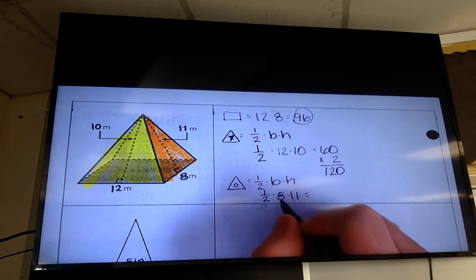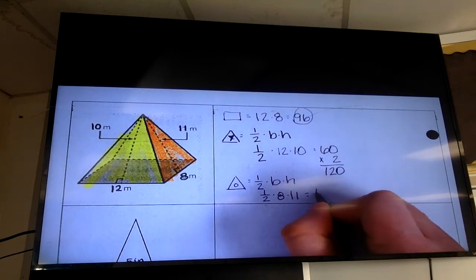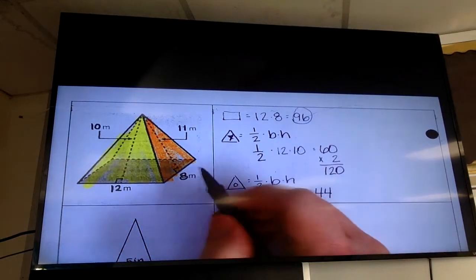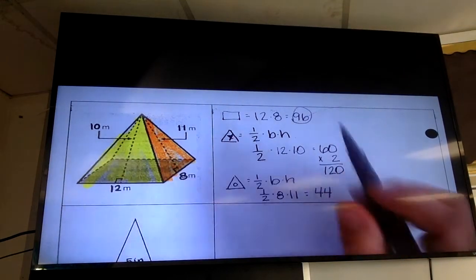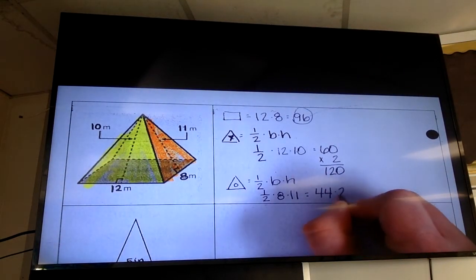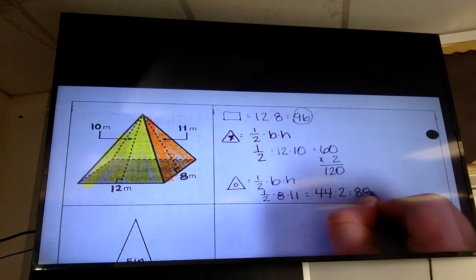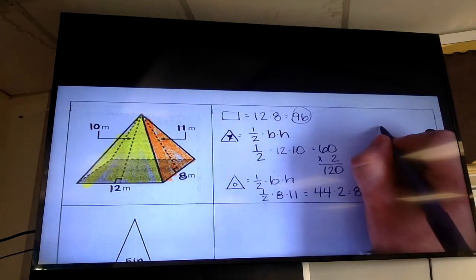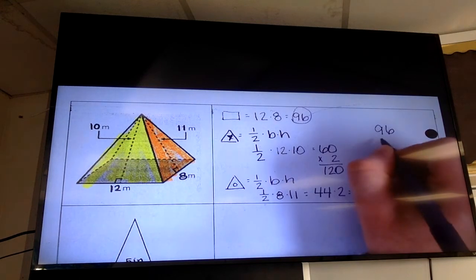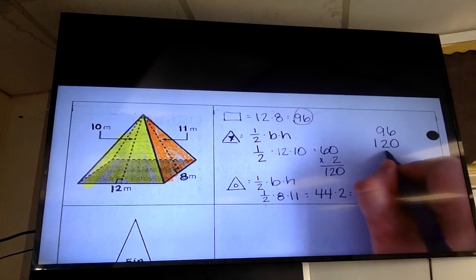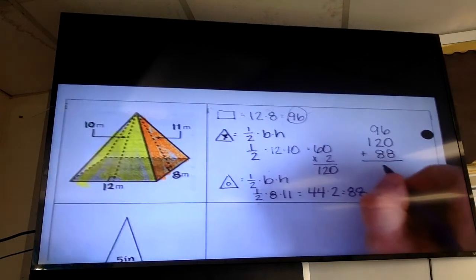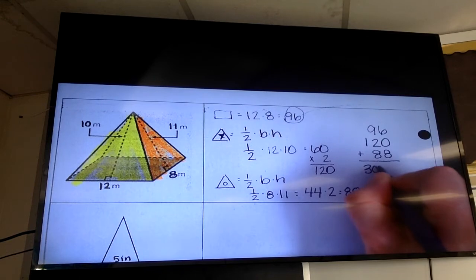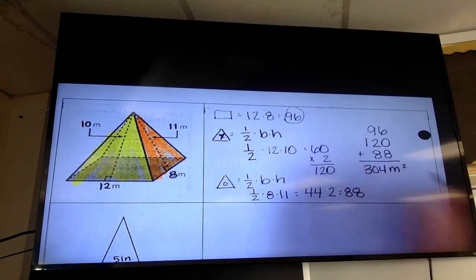So half of 8 is 4, and 4 times 11 is 44. But again, I don't have one triangle that looks like that. I have one that matches it over here. So I'm going to say times 2 is 88. And now I'm going to add them all together. My rectangular base, one set of triangular faces, the other set of triangular faces. And when I add them all together, we should get 304 meters squared.